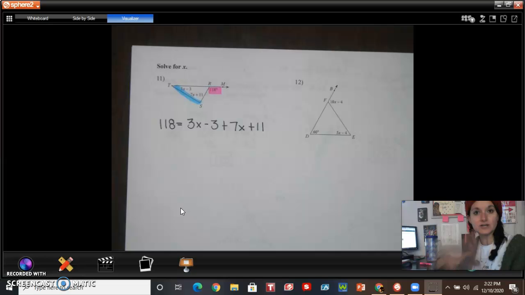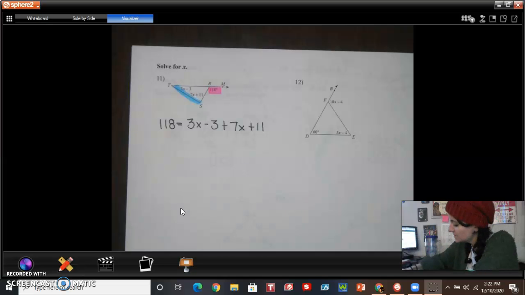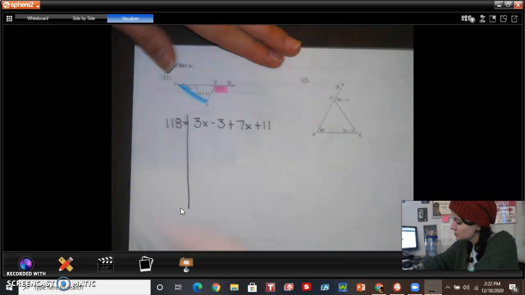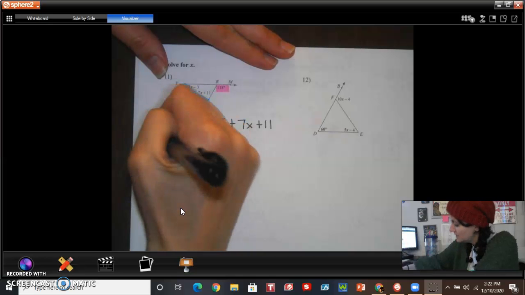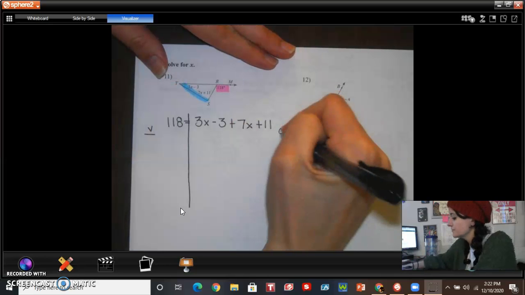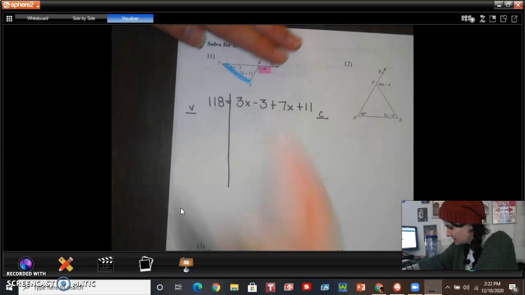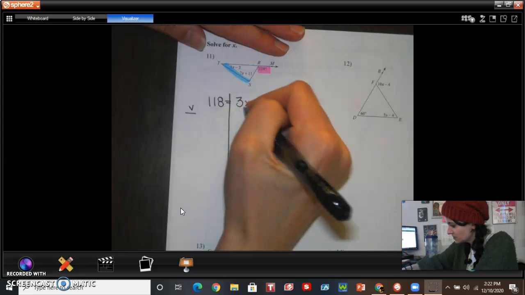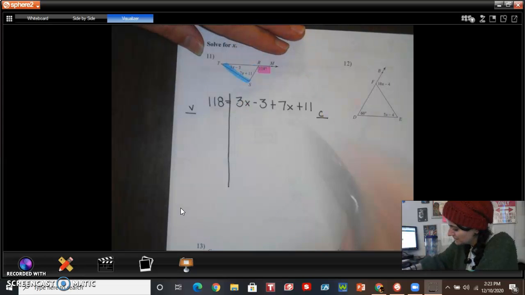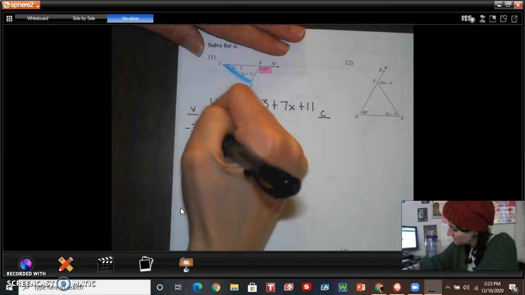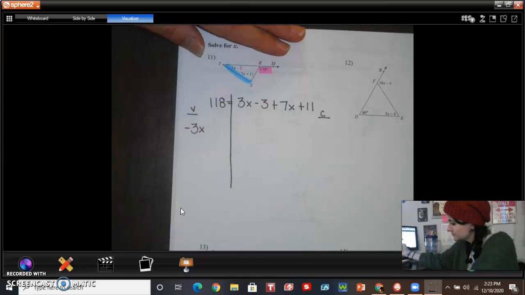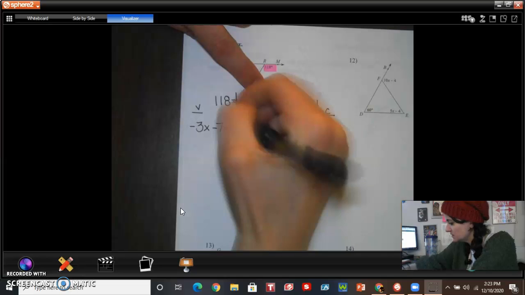Let's do our variables over here and our constants over here. So our variables, let's see, we have a 3x and a 7x, and they both need to move over here. So I've moved them. We have a negative 3, a positive 11, and we need to move the 118.